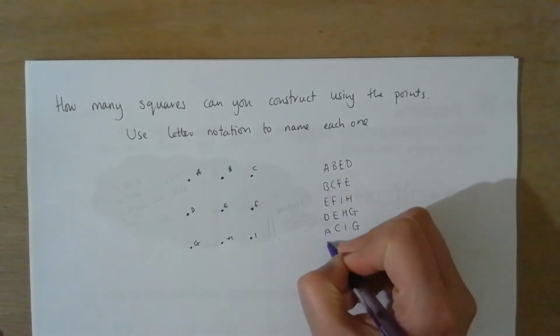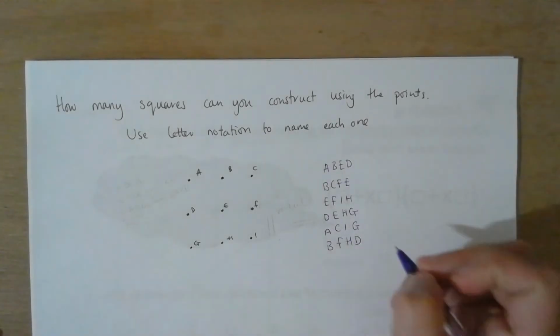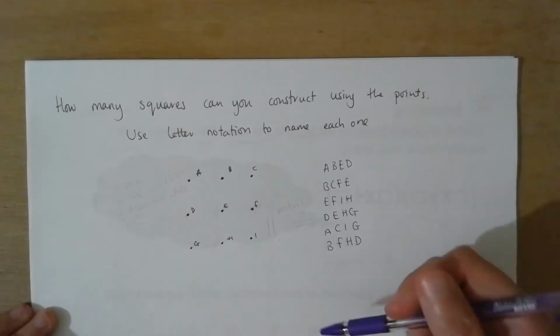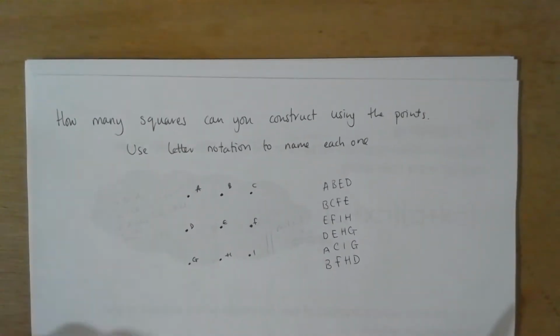That's B, F, H, D. Hopefully you got most of them, if not all of them. It's just a way to practice your letter notation. You got all of them? Huzzah!